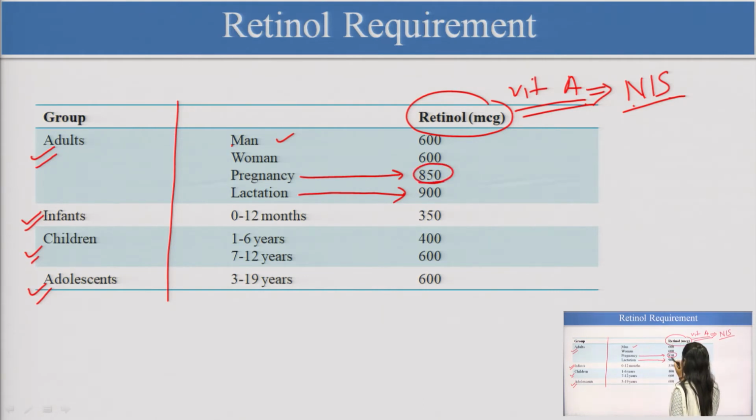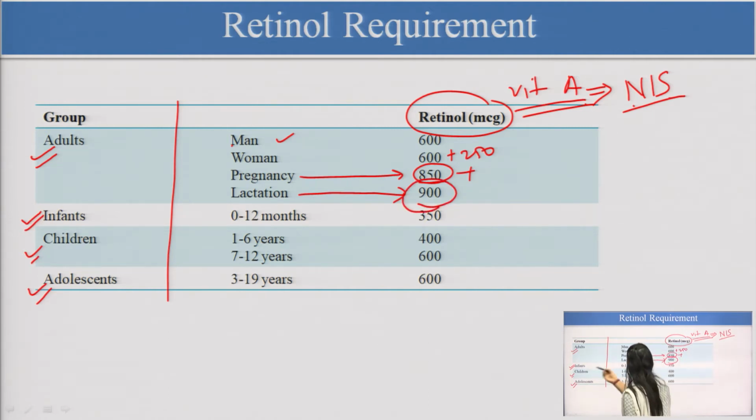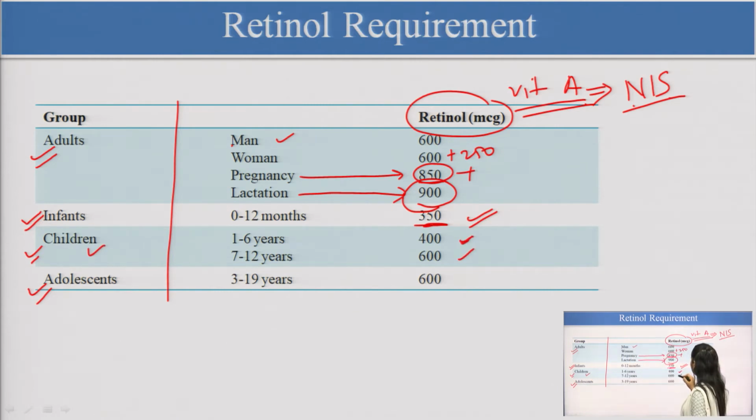So, it is higher by 250, we have added 250. So, it is nearly 850 in pregnancy, whereas lactation requires nearly 900. Similarly, for infants, of course, a low dose will be required according to the size or the age, and for children we can see the amount of retinol in mcg given. In adolescents, it is nearly the same as adults.